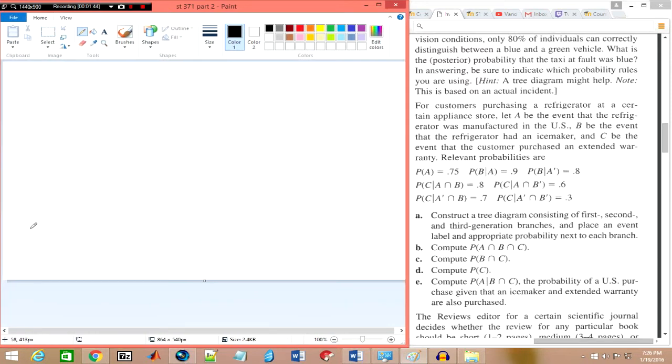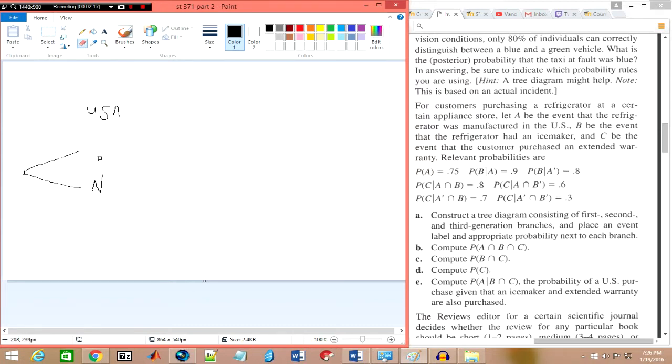Let's start it from right here. There's my point. And there's one branch, there's two branches. This is the event that it was manufactured in the US, and it's either a yes or a no. Can't really have much of another choice.